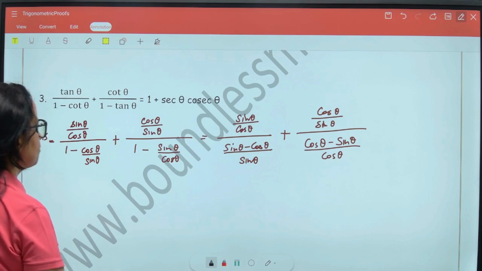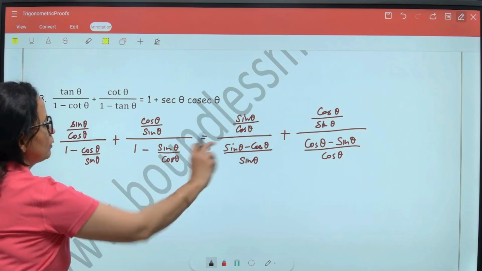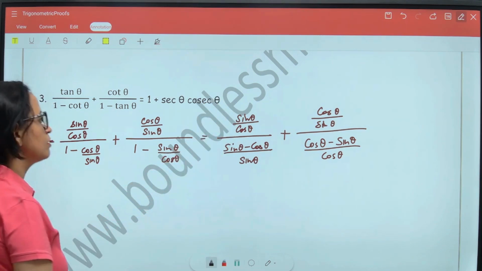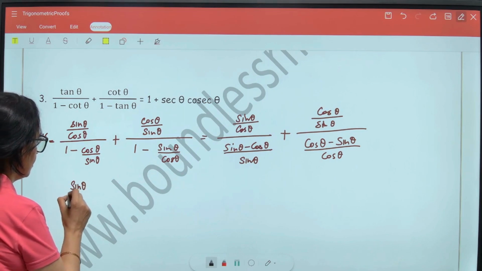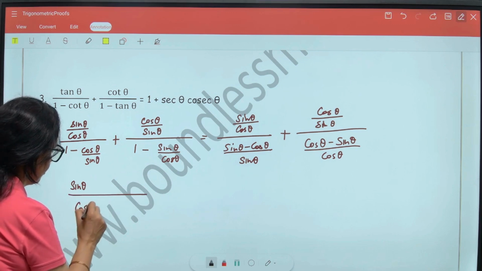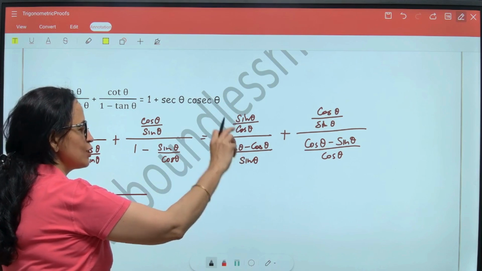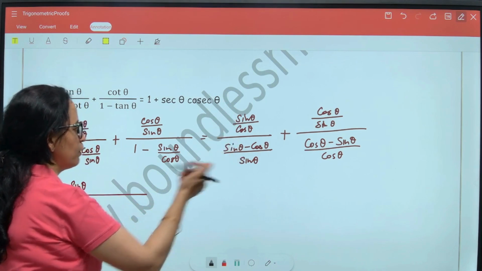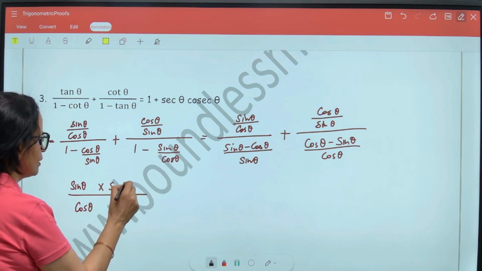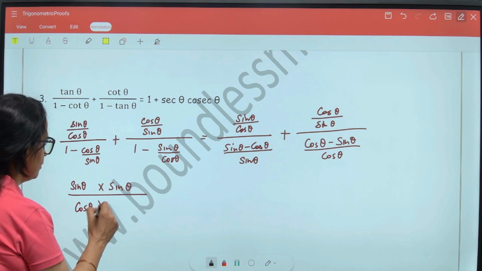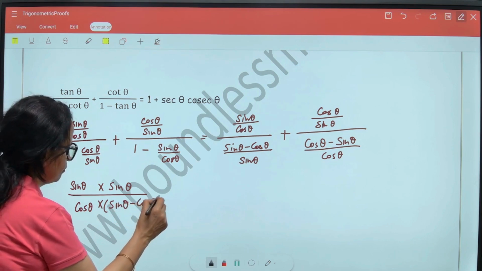Let's keep on simplifying. Now here be very careful when you have a fraction in the numerator also and denominator also, right? So this becomes sin theta upon cos theta. Think of it, this fraction is being divided by this, so it will be multiplied by reciprocal of the denominator. So that means we have sin theta here and sin theta minus cos theta here, right?